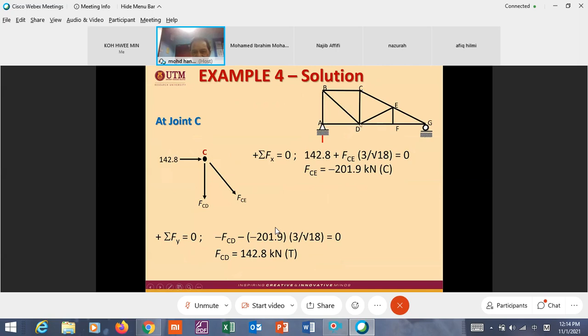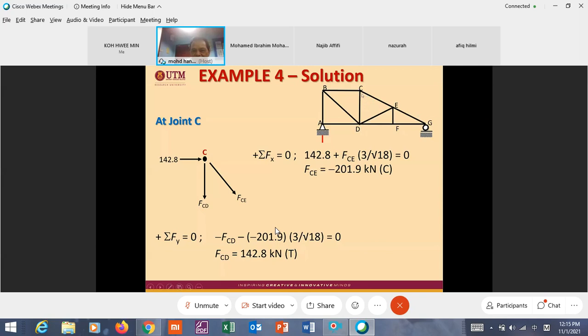If you go to joint D, you have how many? 1, 2, 3 unknowns. Then you cannot solve, because we only have 2 simultaneous equations. So we go to C. Then when we go to C, we will have another 2 members, determine CE and CD.